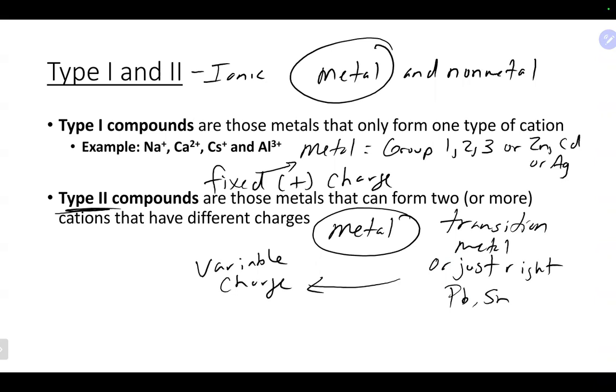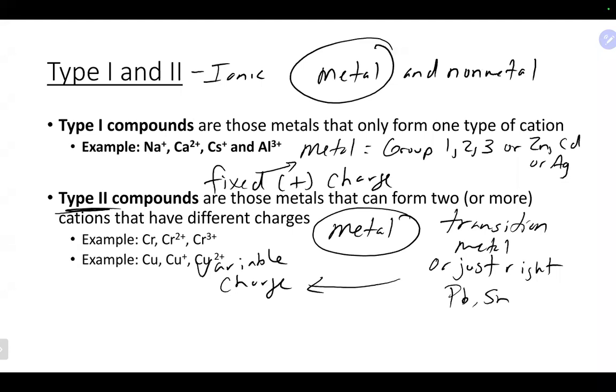And when you see that type of metal involved, you do have to do one additional step when you go to name it. And if you see the other type of metal, you don't have to do that additional step. So it's always important to focus in on the metal when you are dealing with ionic compounds. And it's really the location on the periodic table of the metal that helps you understand how you should go about naming them.